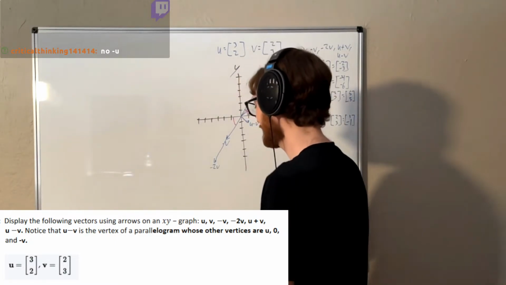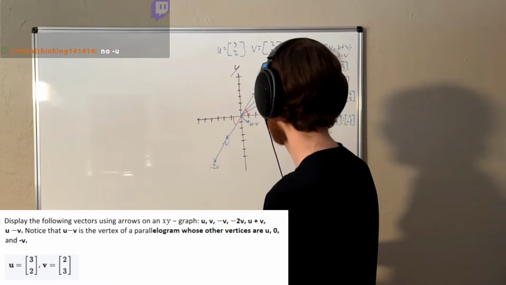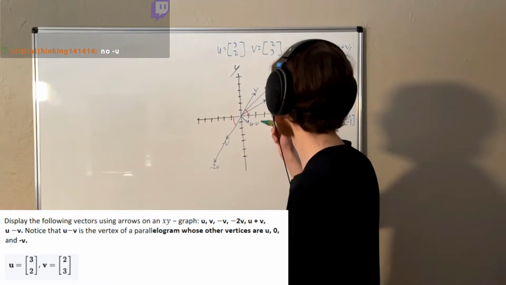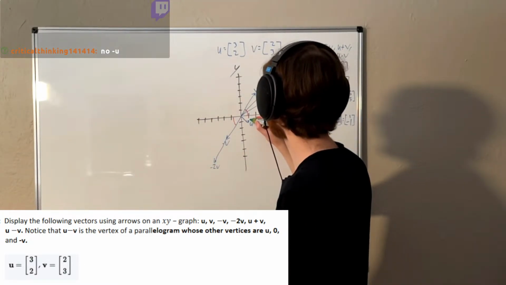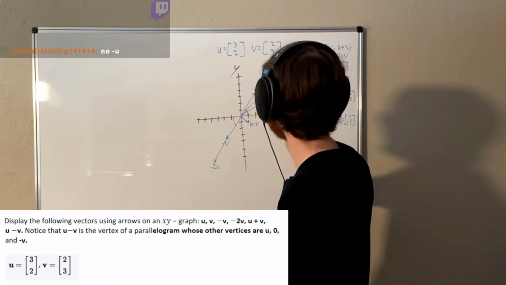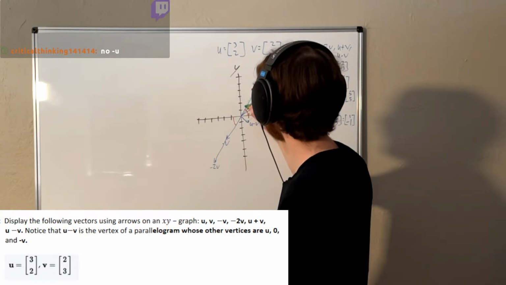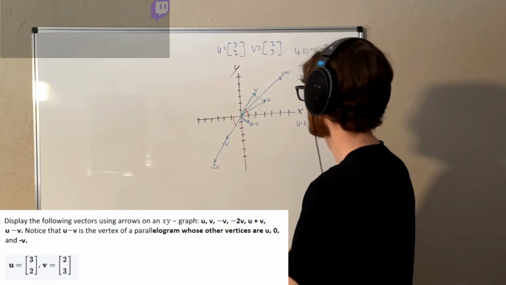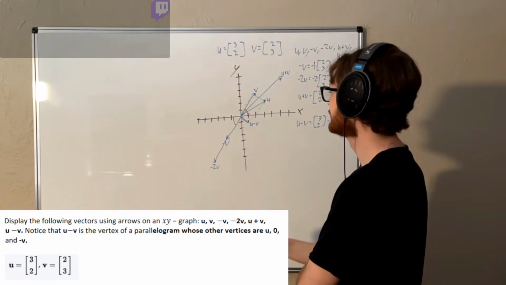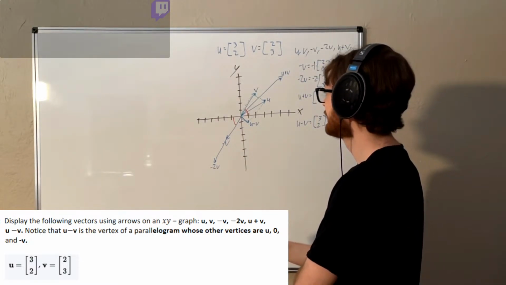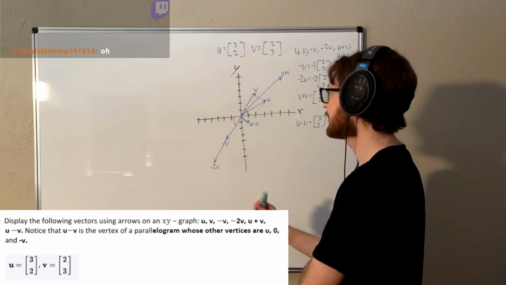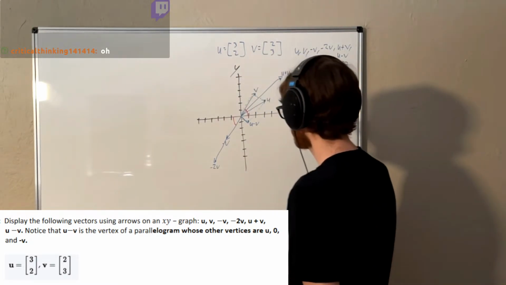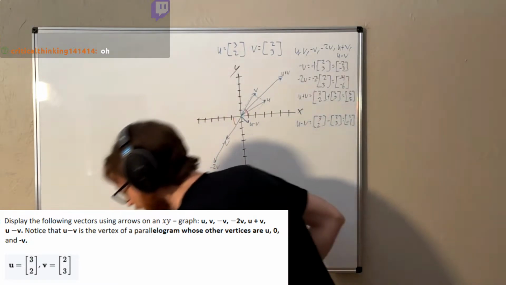They're saying to notice that you get a parallelogram here in green. Which I thought they were going to go for a different type of parallelogram. But there's probably an explanation for that I don't know off the top of my head.